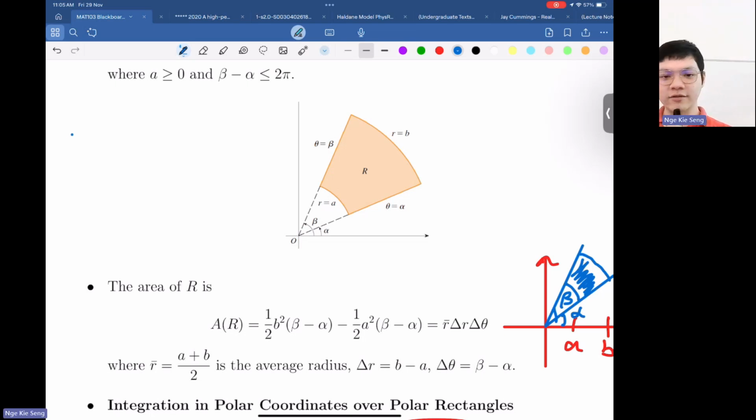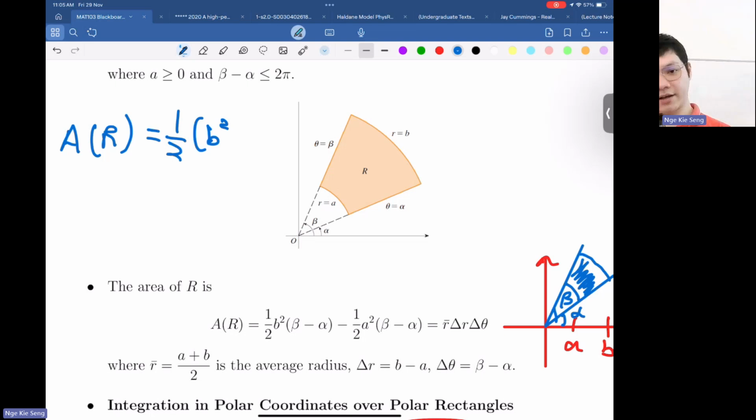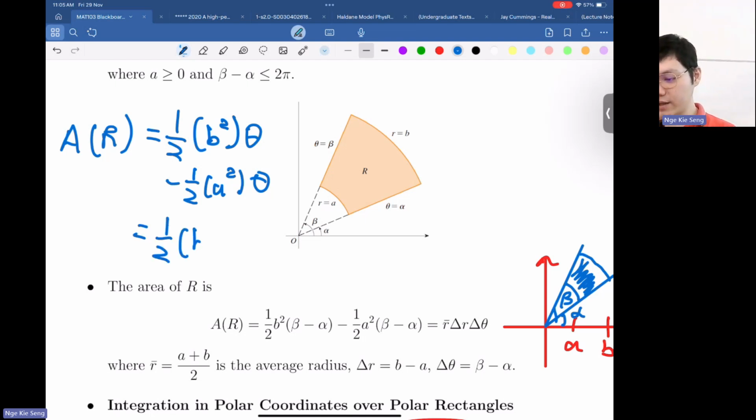I think high school likes to give this question, right? So what's the area of this? It is the larger pizza slice take away the smaller pizza slice. But what's the theta you are using here? Actually, this is the difference between alpha and beta, so you take beta minus alpha.